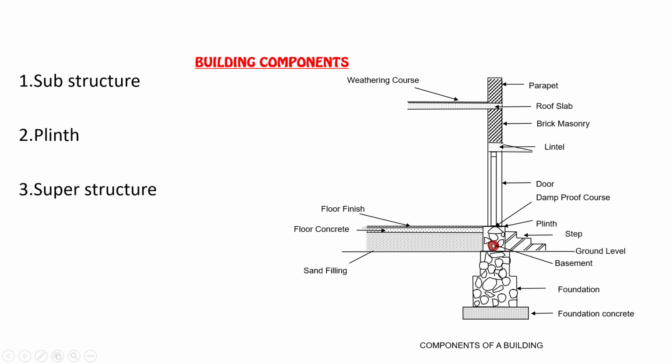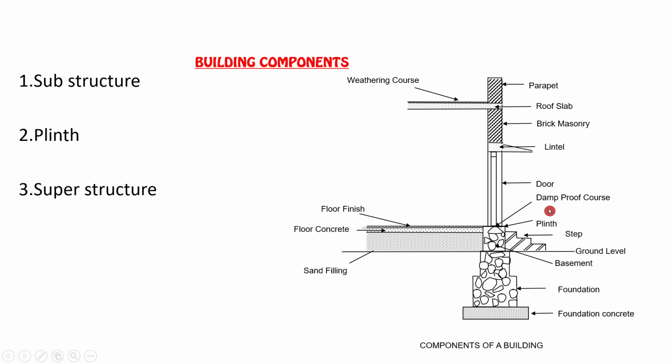So you have the sand filling in every room. For every room in the ground floor, you will have floor finishes like marble, granite or tile, below that you will have the concrete, and below that there will be a sand filling up to the ground level.